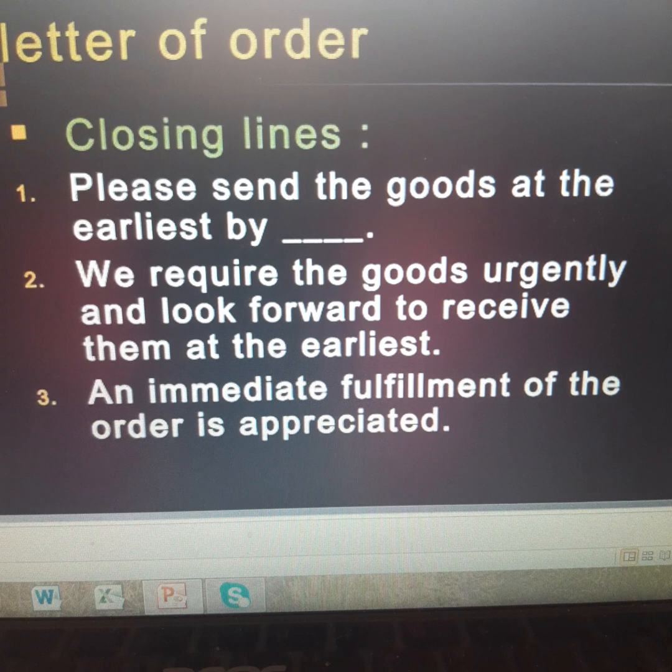Now, your task for the day would be, children, to draft a letter placing order. I will be sharing a PPT with you as an assignment. You will be writing all the letters that I have shared in your notebook.